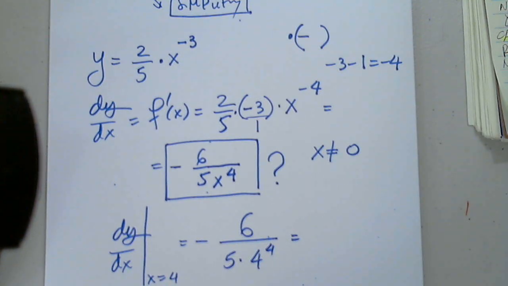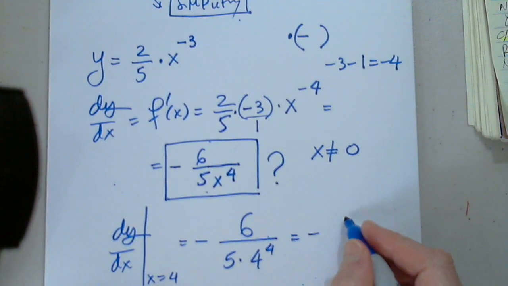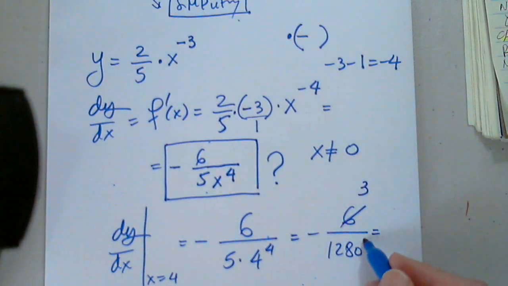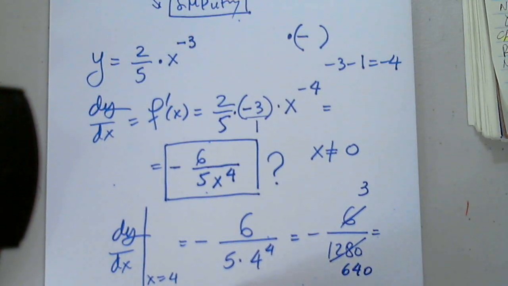So I will multiply 5 by 64. But okay, I'm going to write 4 to the 4th. So I got 1280. So -6 divided by 1280, and I will simplify by 2. By 2 and I get 3, by 2 and I get 640. So the final answer is -3 over 640.